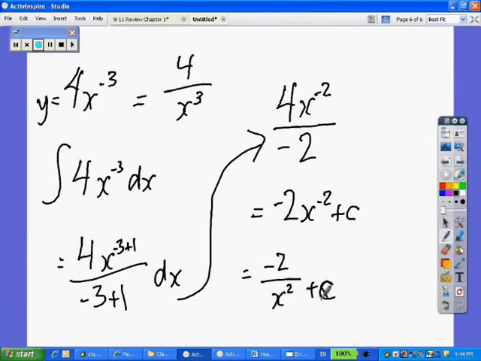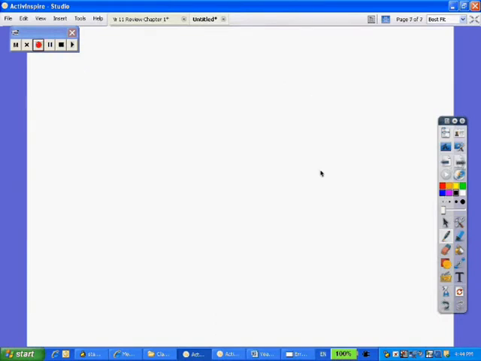Now, I'll go ahead and work this one. If I have the function y is equal to 3 over the square root of x.